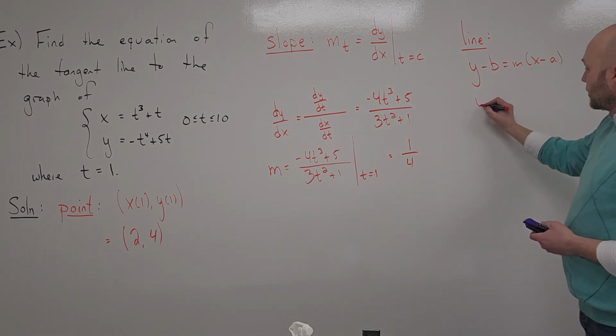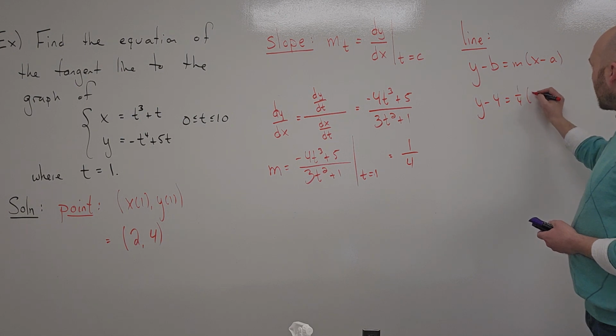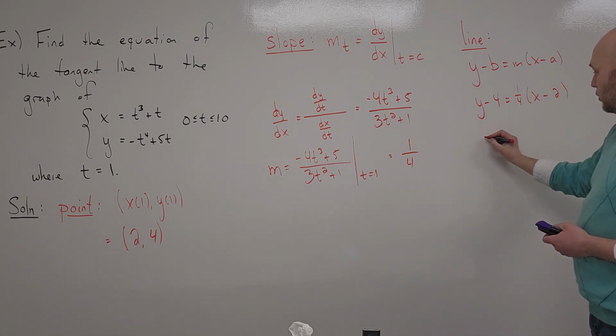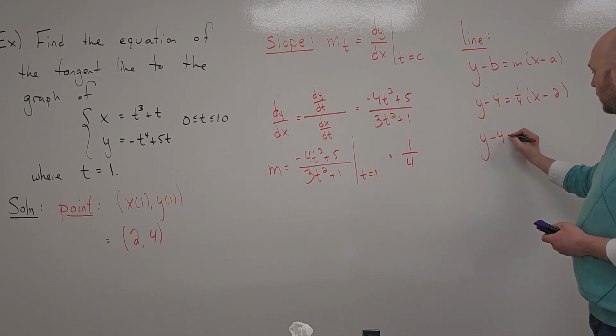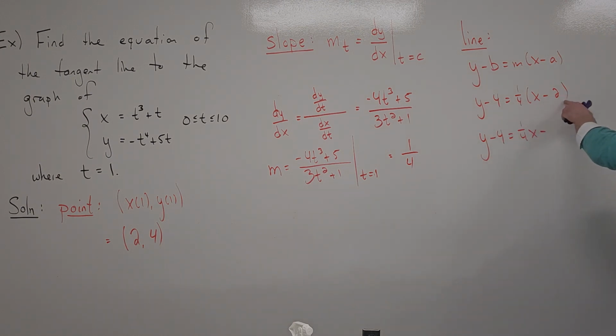I plug those numbers in, I get y minus 4 is 1/4 times x minus 2. Distribute that through, y minus 4 is 1/4 x minus 1/4 times 2, which would be negative 1/2.